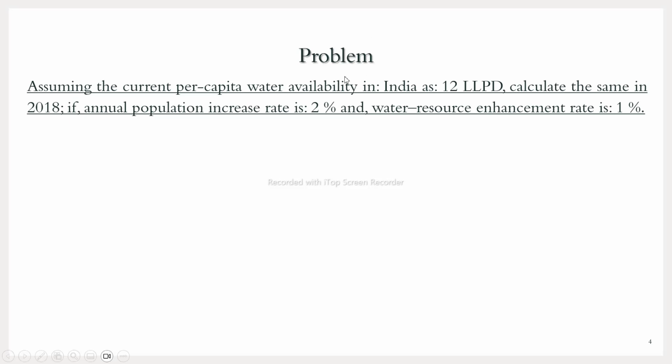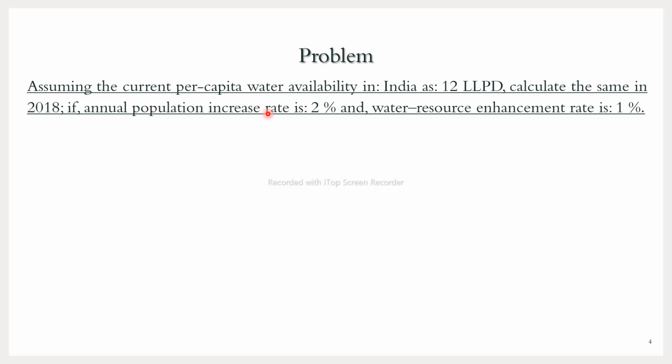Assuming the current per capita water availability in India as 12 LLPD, that is lakh liters per day, calculate the same in 2018. That is, we are considering the present as the year 2023, and you have been asked for the data from 5 years past.